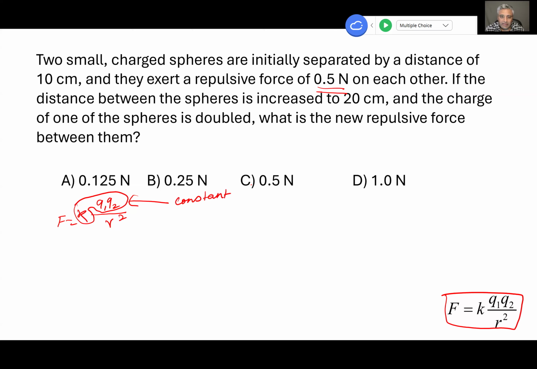Charge values are not changing. k is always constant, of course. What is changing? Distance changed. So when distance changes, force changes. And first of all, you want to look at whether the force increases or decreases, right? So this distance is in the denominator.